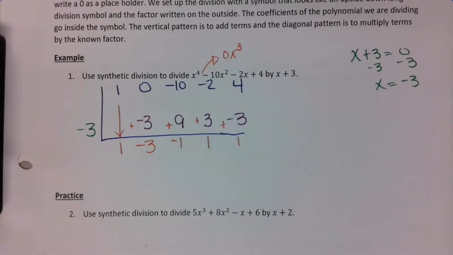Then once I have these numbers, I want to put them back with variables, and I start with 1 degree less.